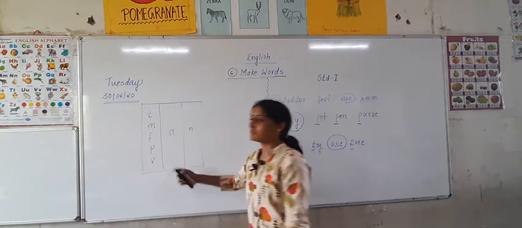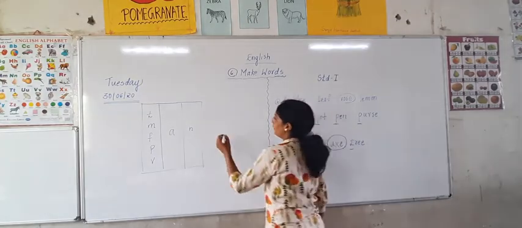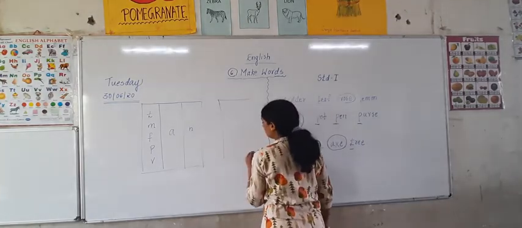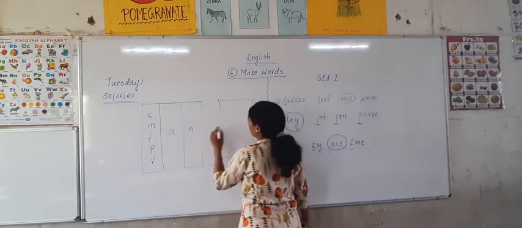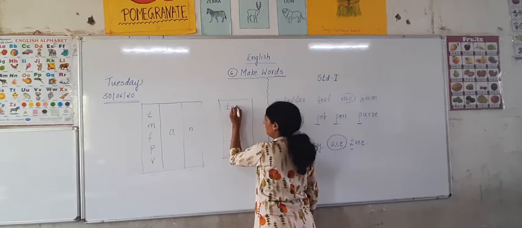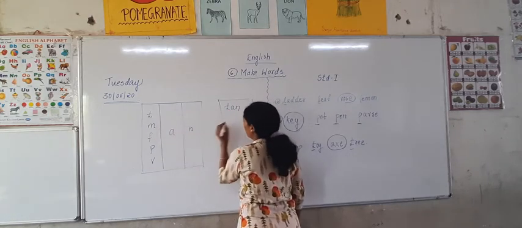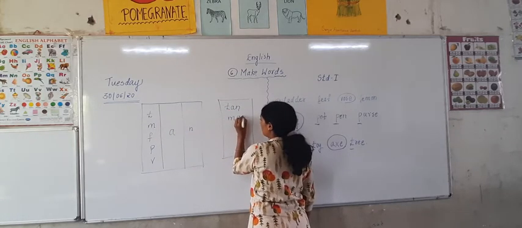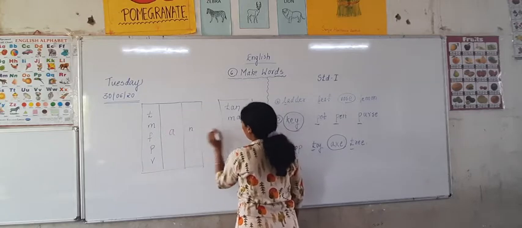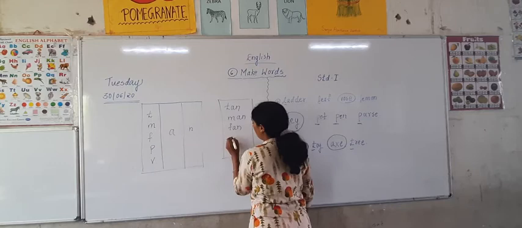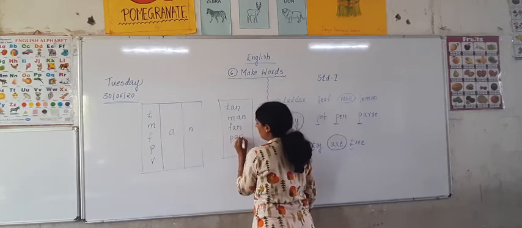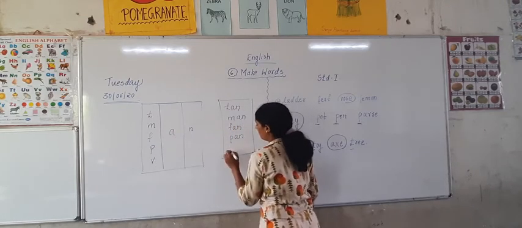Now we will take one example. TAN, tan, MAN, man, FAN, fan, PAN, pan, VAN, van.